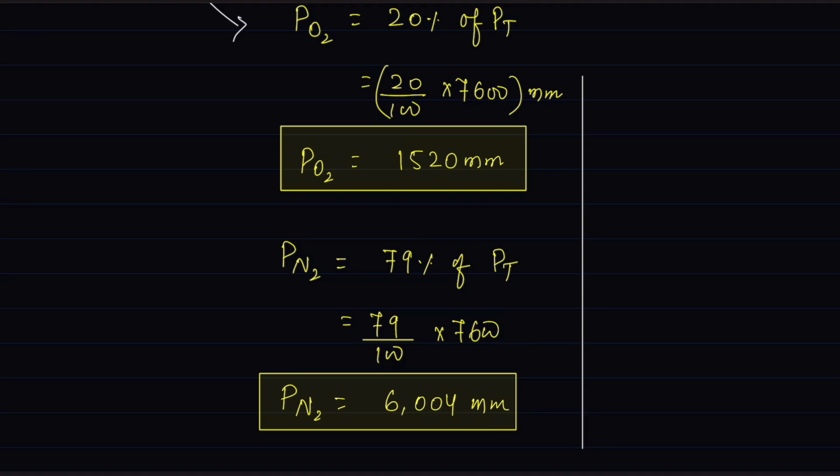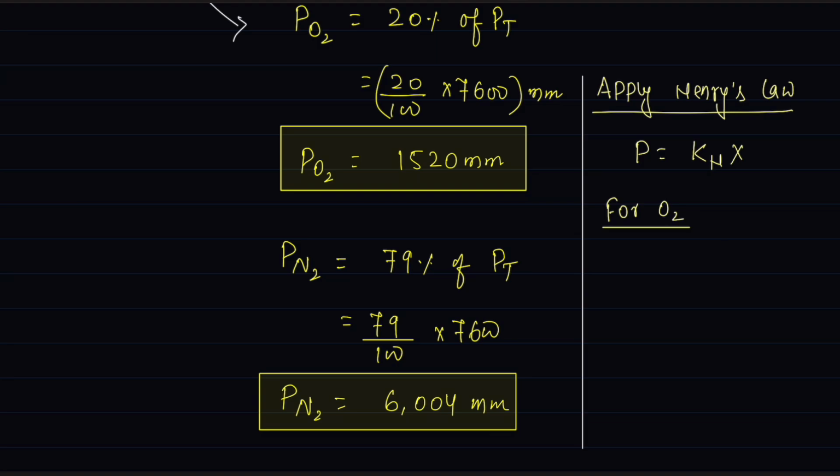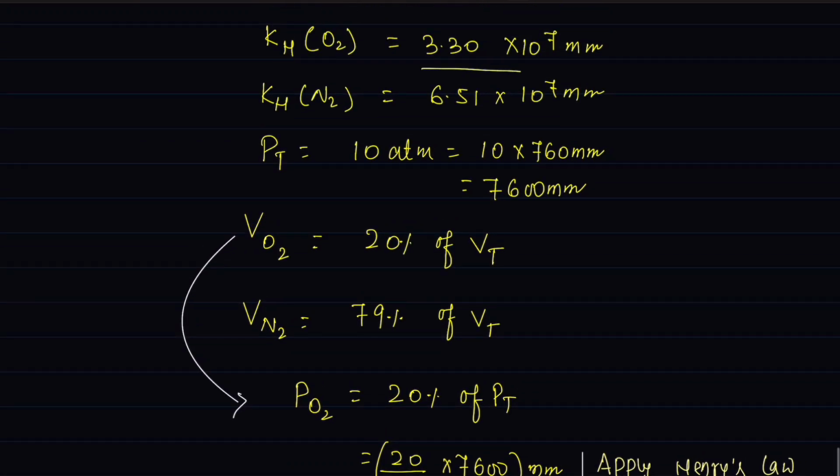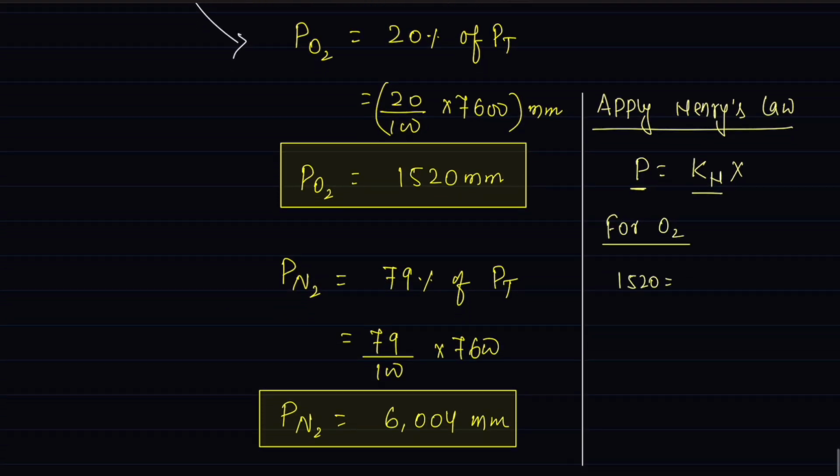To find it, we can apply the Henry law. So according to the Henry's law, P is equal to Kh into mole fraction. So for oxygen, the pressure we already got is 1520 and Kh value for the oxygen is given here 3.3 into 10 to the power 7.